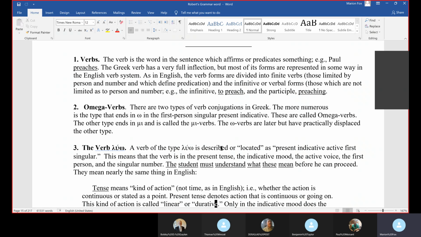Now, they start off with a simple verb and use it as a pattern or a form to show how we inflect these verbs. And they take a very simple three-letter verb, luo.